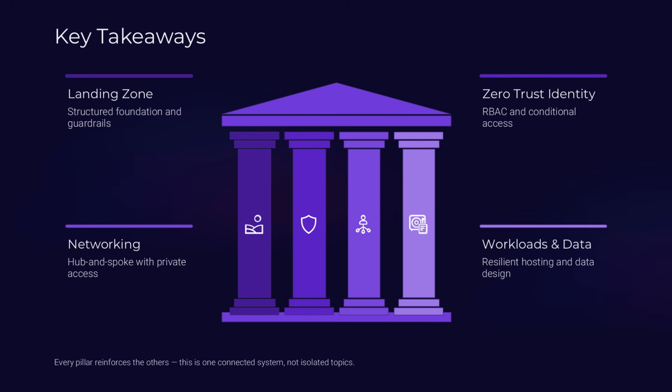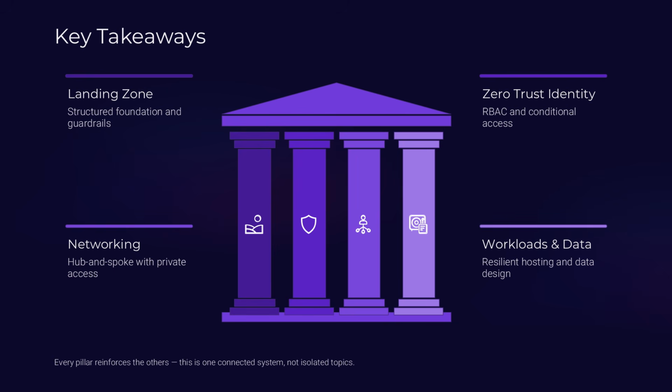Let's now discuss the key takeaways from what you learned so far so you can apply this end-to-end blueprint to real enterprise work. A production-ready Azure platform is a connected system where landing zone structure, identity controls, network segmentation, private access, observability, governance, resilience, secure DevOps, and cost discipline reinforce each other.